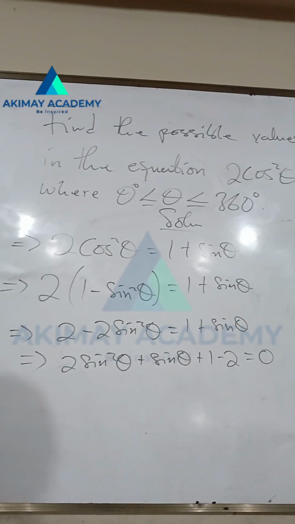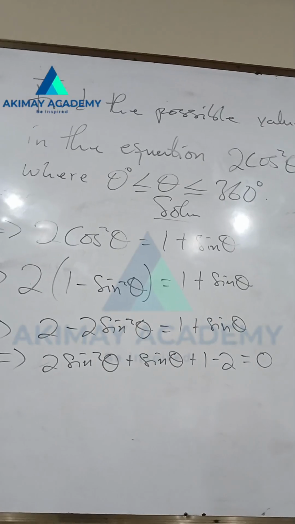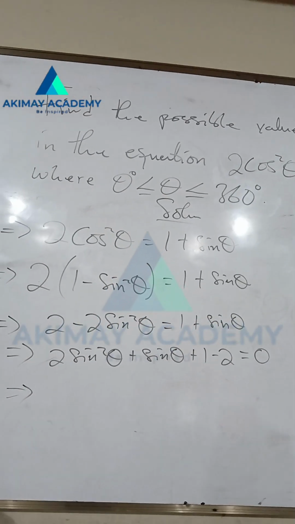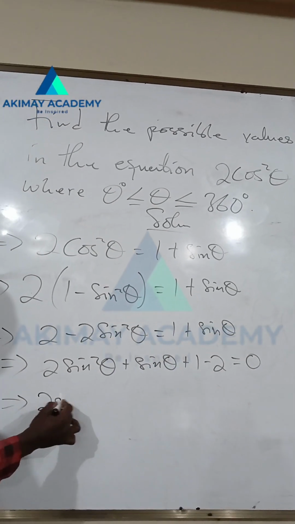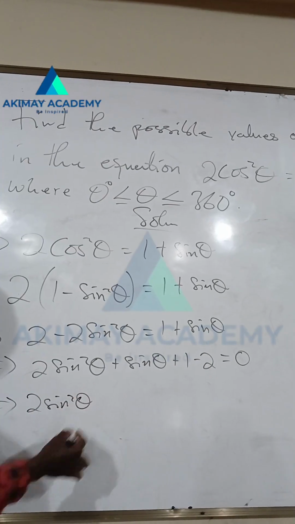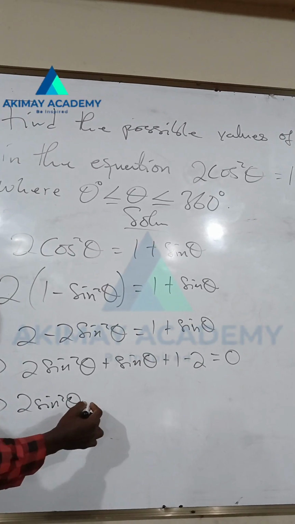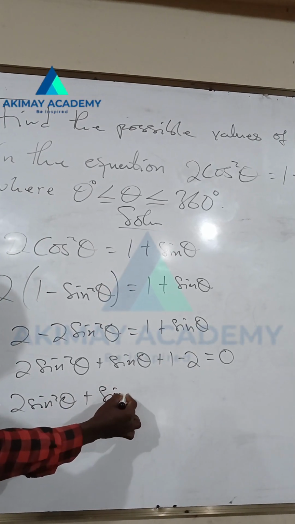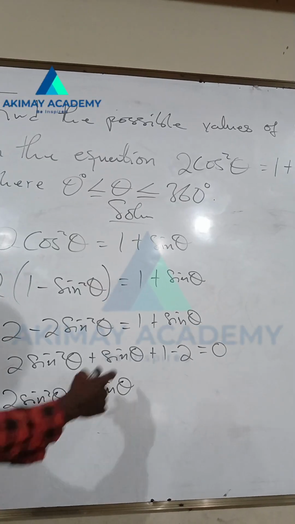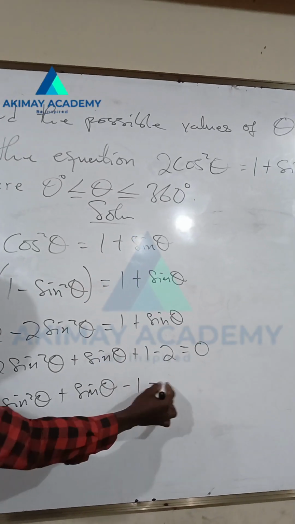We can simplify this further: 2 sine squared theta plus sine theta minus 1 equals 0.